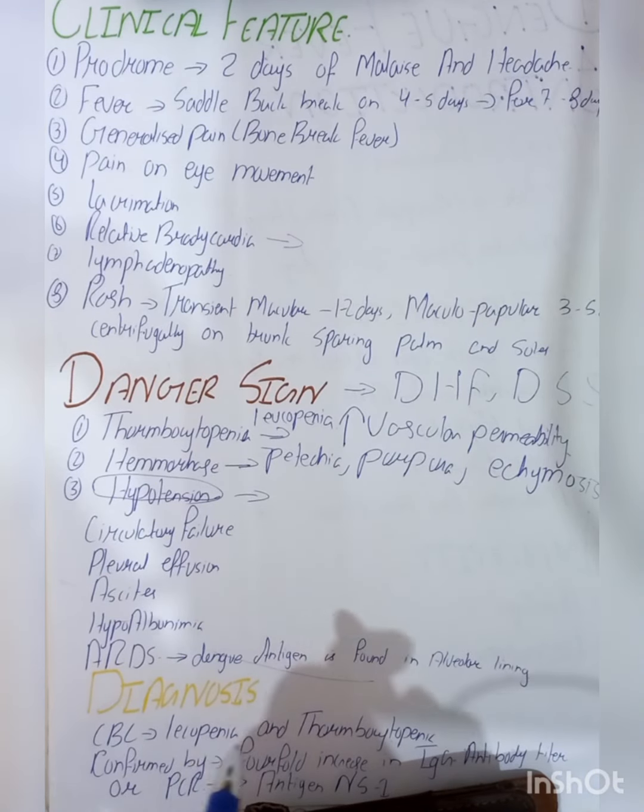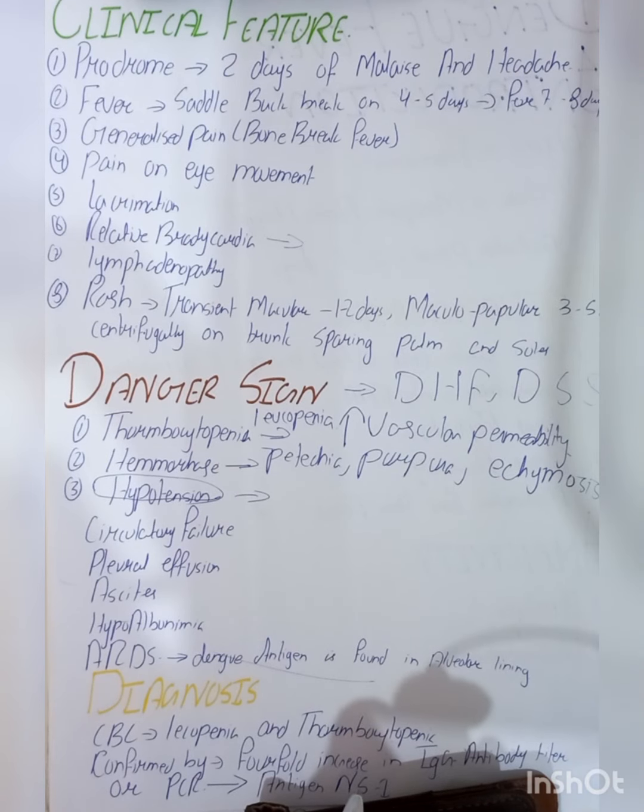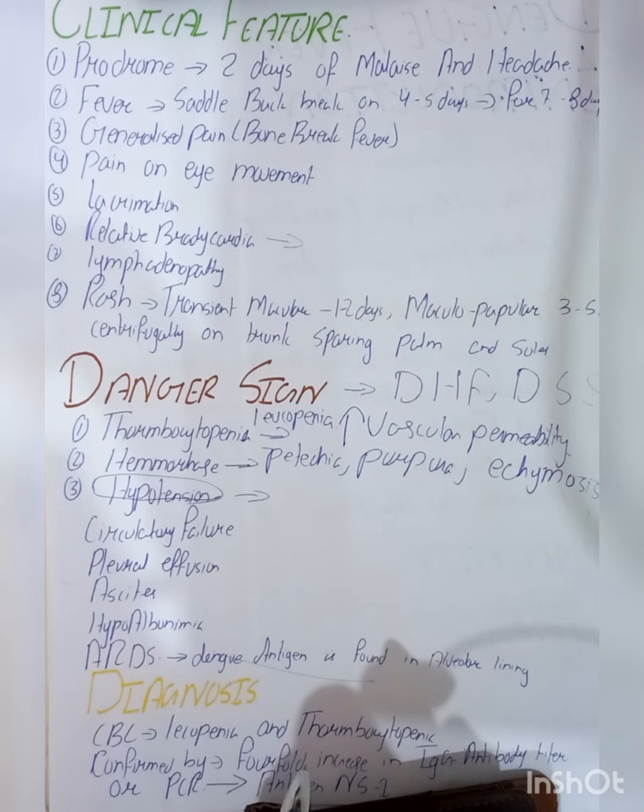So what is the confirmation test for the dengue virus? One of the most important is the antigen NS1. This antigen is found in the patient who has dengue fever, because the dengue virus has the antigen known as NS1 antigen. There is a fourfold increase in IgG antibodies, but these IgG antibodies appear late, in 8 to 9 days, so it is not useful.